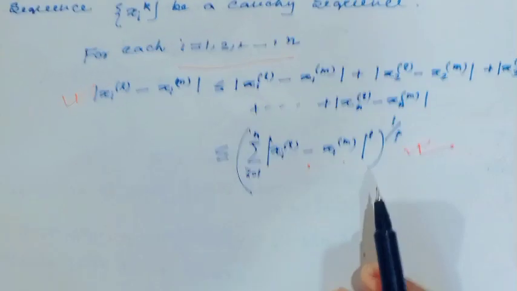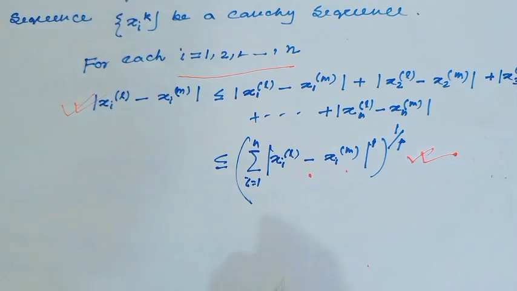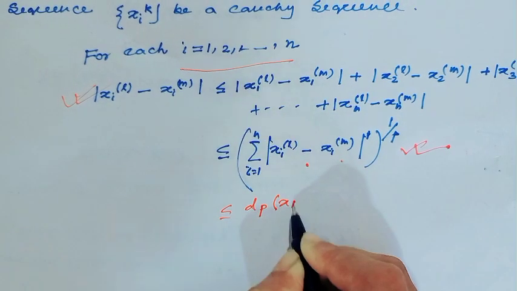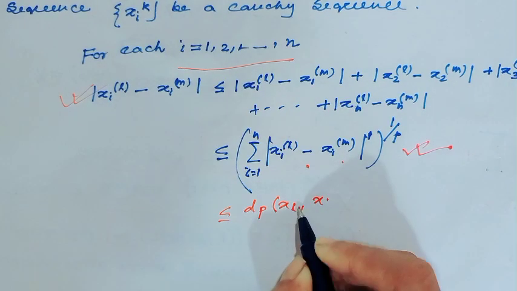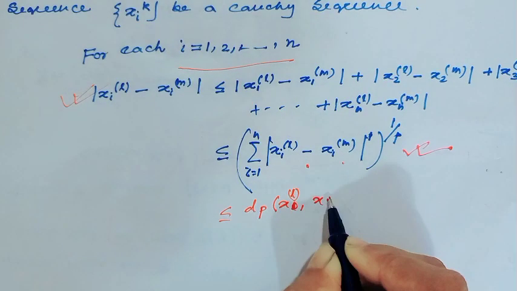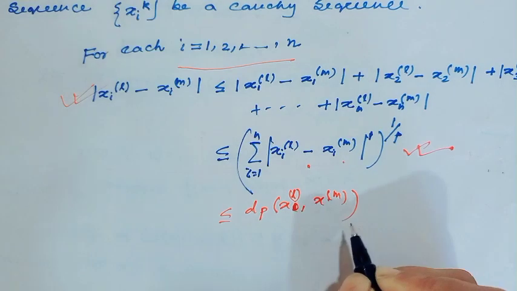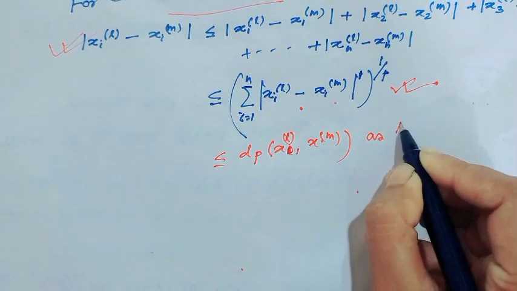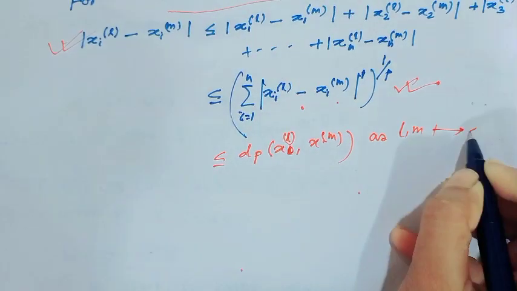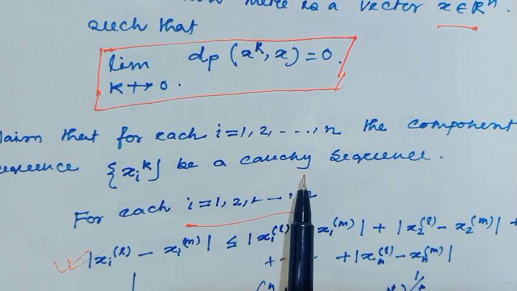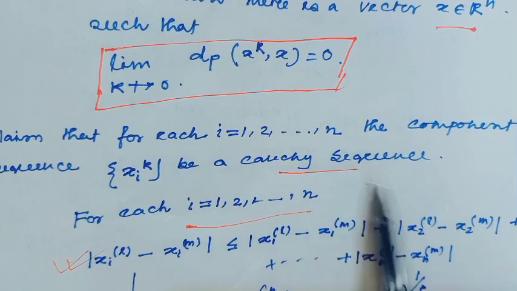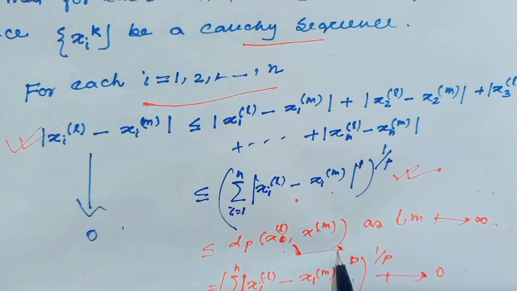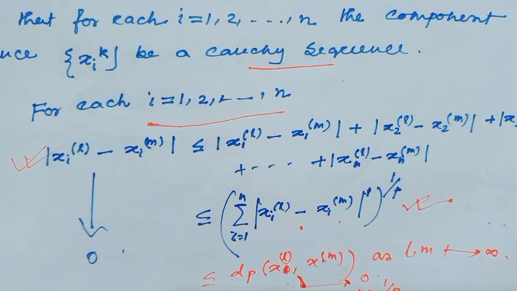And this is actually less than or equal to d_p(x_l, x_m). As l, m tend to infinity, since I have considered x_i^k to be a Cauchy sequence, this part goes to 0 as l, m tend to infinity.